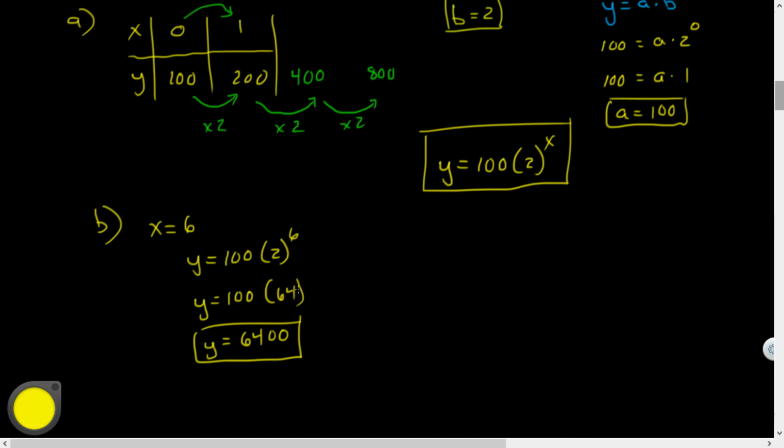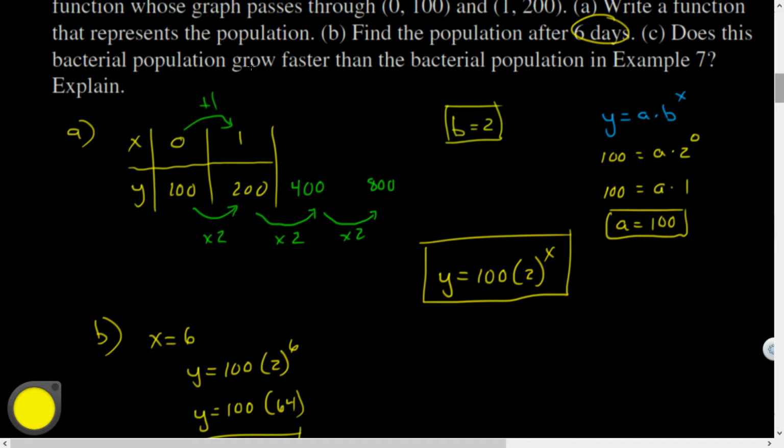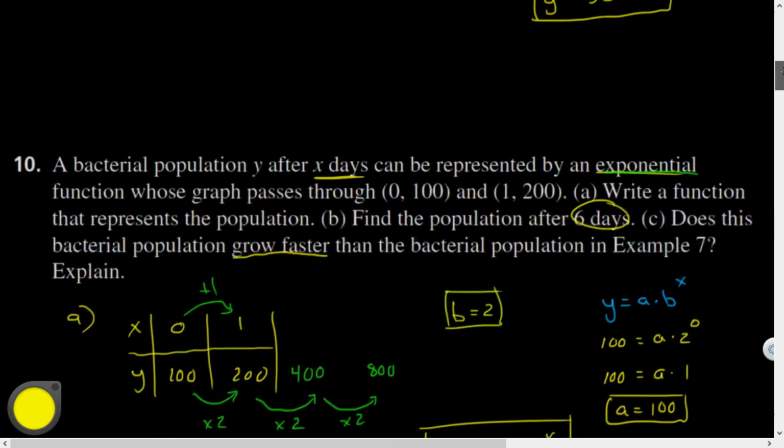But now they asked the question that I find interesting. Part C: does this population grow faster than the one that we just looked at in example 7? Now, what are our thoughts? This one started higher, right? This one started at 100.